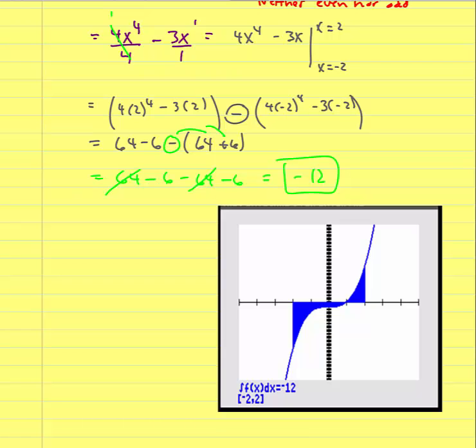So this one didn't have the even-odd property that I could use, but I could use some of the ideas from my previous sections of using the power rule and integrating from there. I could have also split this up into two separate integrals. So the idea of symmetry, when we're talking about splitting the limits of integration, let's say from negative 1 to 1, I could split them from negative 1 to 0 and then 0 to 1.